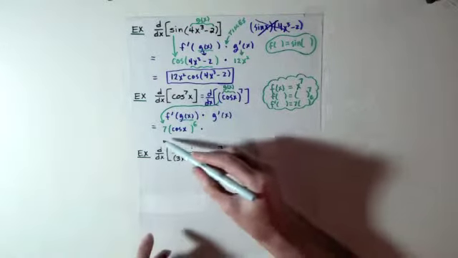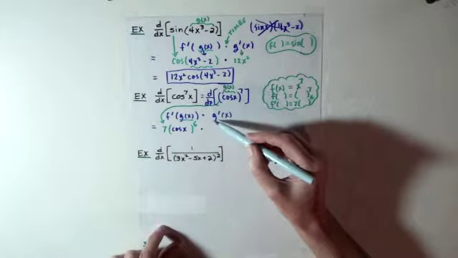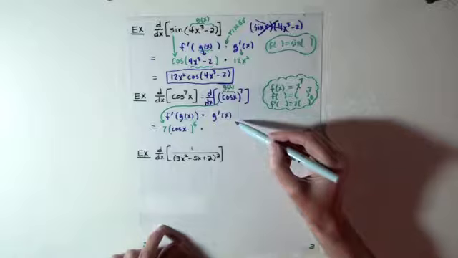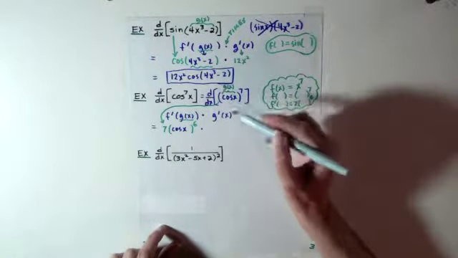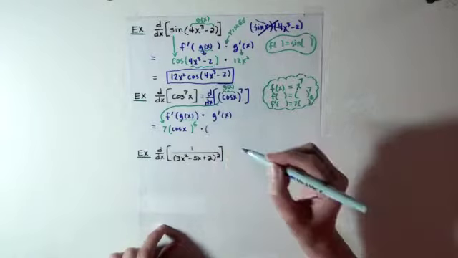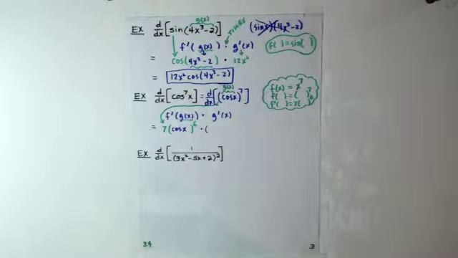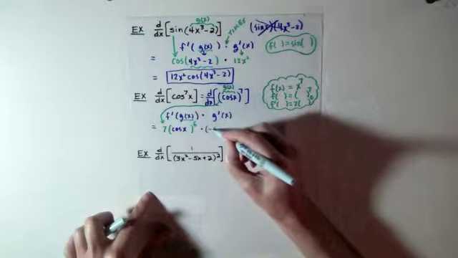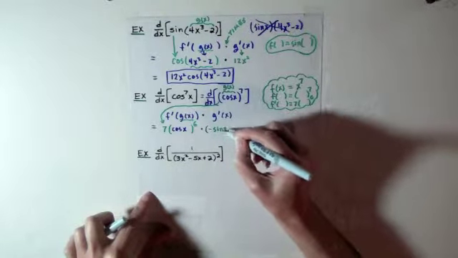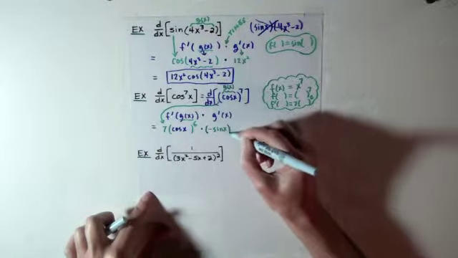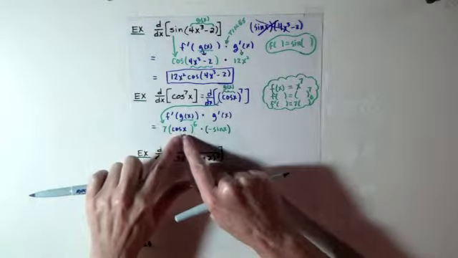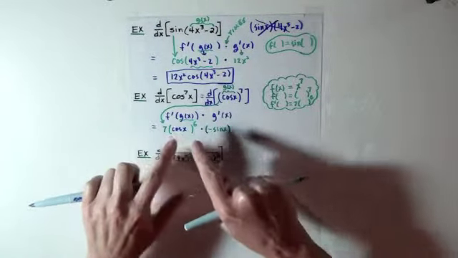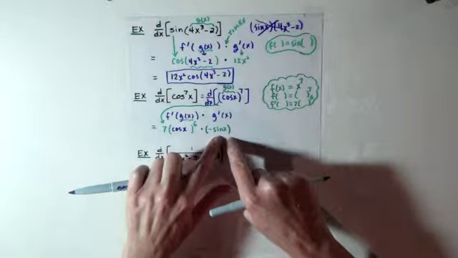I'm supposed to multiply all of this by g prime of x, that's the derivative of the inner function, and the derivative of cosine x is just a negative sine x. So I'm going to multiply that by minus sine x. So derivative of the outer evaluated at the inner times the derivative of the inner function.